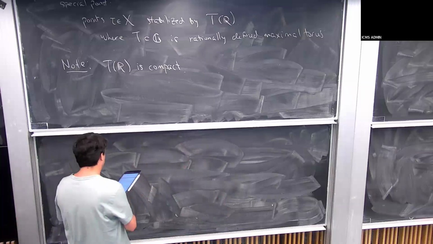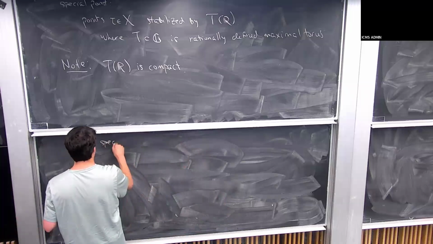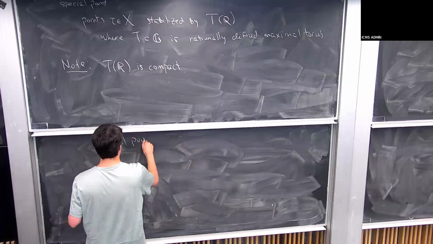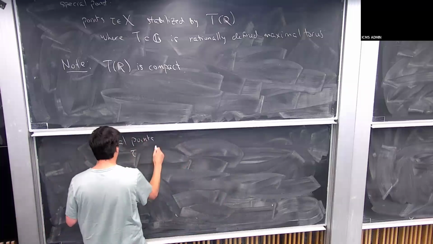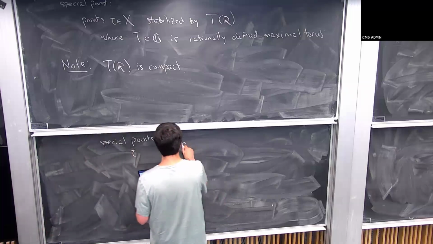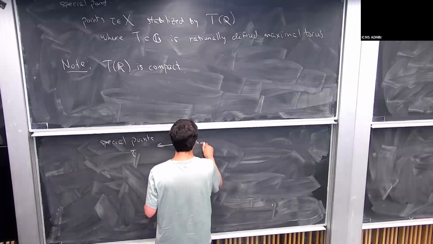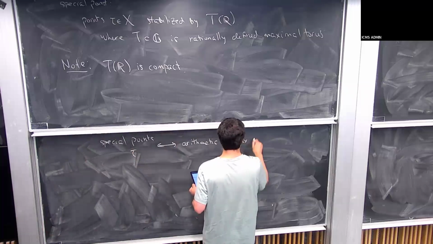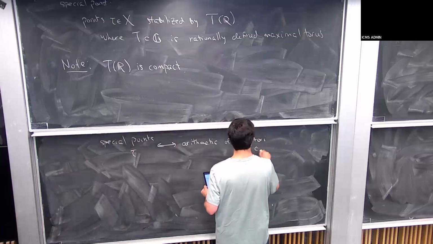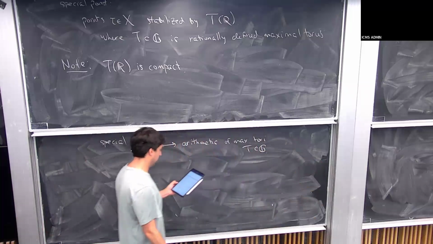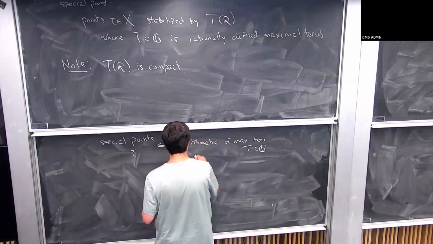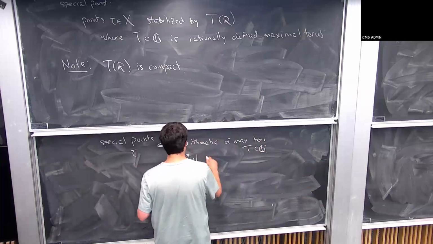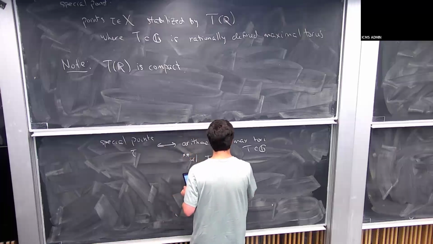So we know that special points tau somehow see much about the arithmetic of maximal tori contained in this group G with T of R compact.